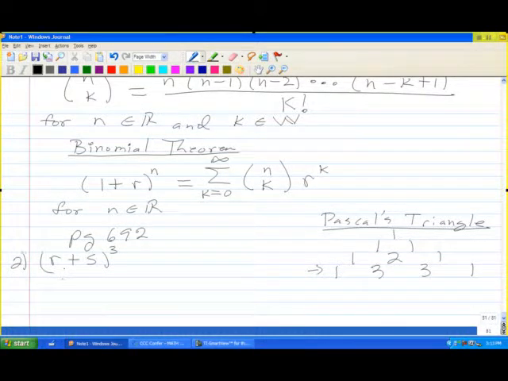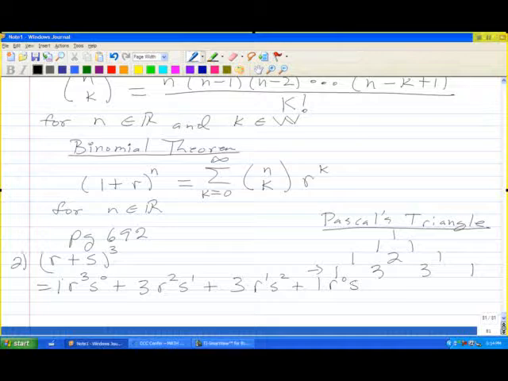So this will be 1 r cubed s to the 0 plus 3 r squared s to the 1 plus 3 r to the 1 s squared plus 1 r to the 0 s cubed.